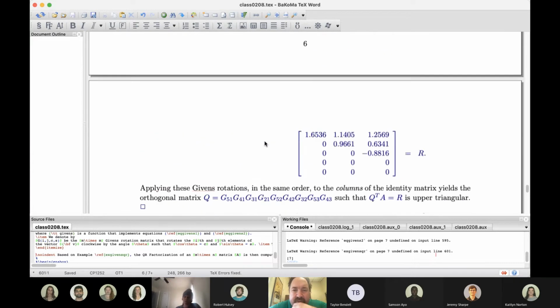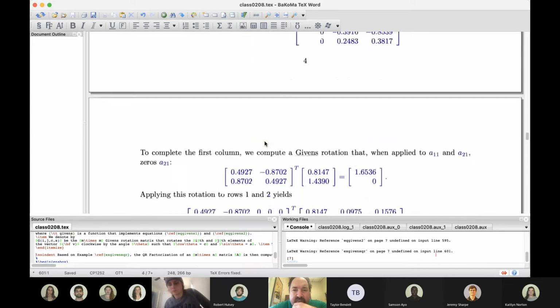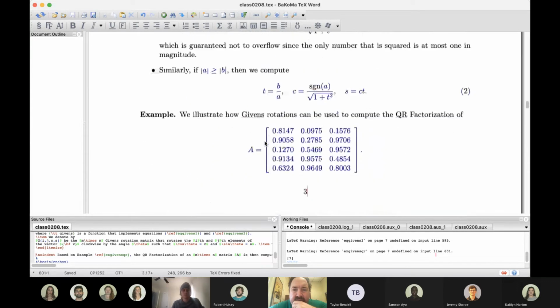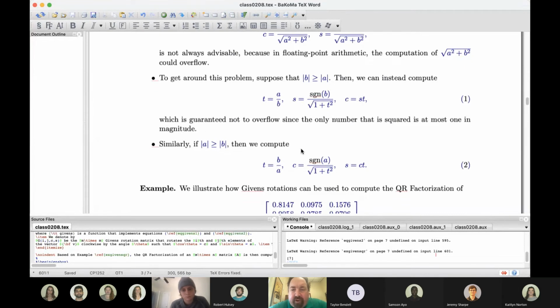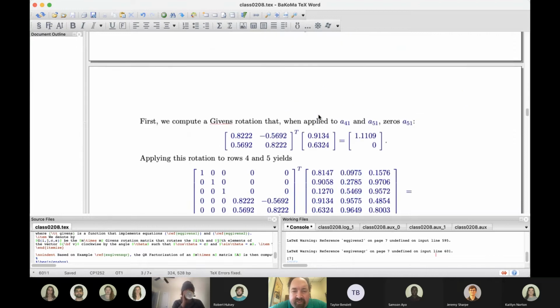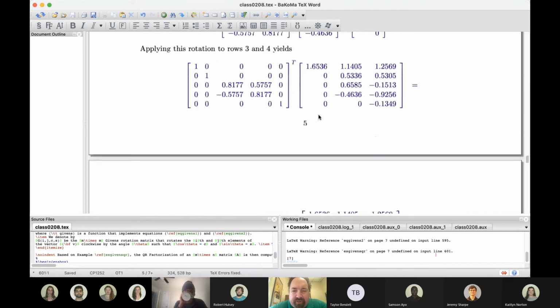So in other words, it would implement these equations here, equations 1 and 2. So I write a MATLAB function that will check whether B is greater or equal to A or vice versa, and just compute these and return them as output, the cosine and sine. So that'd be like a helper function.